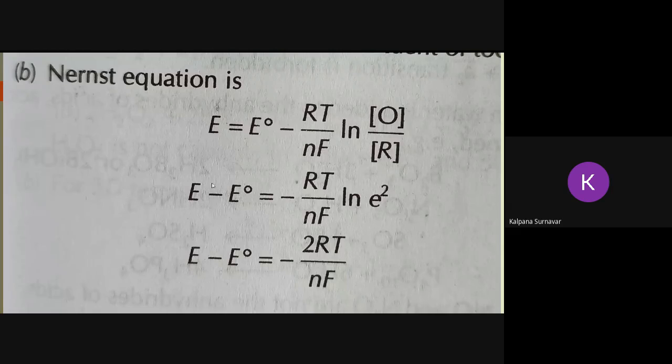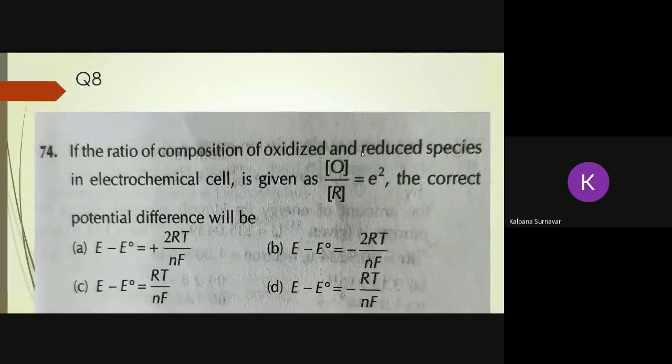Here is the answer: E minus E0. Just put E standard on the left side. E minus E standard potential equals minus RT upon nF into ln of e square, because in the problem the value of concentration of O divided by concentration of R is given, and the value is e square.